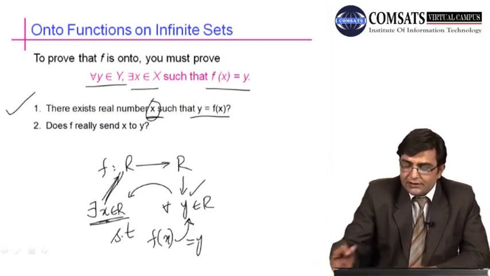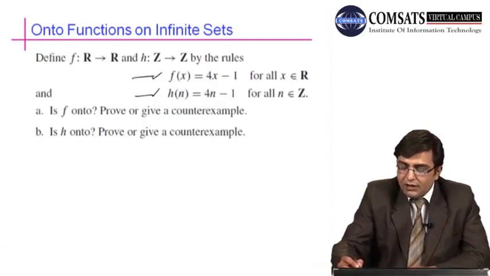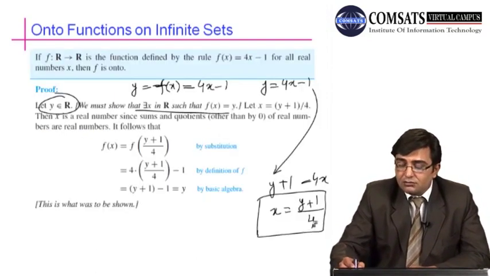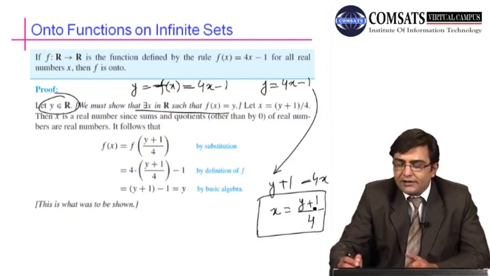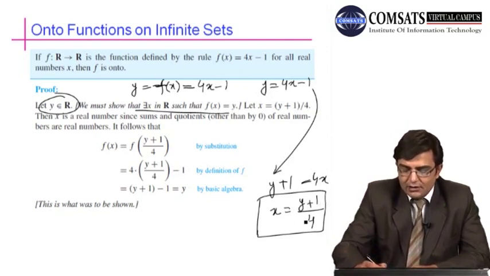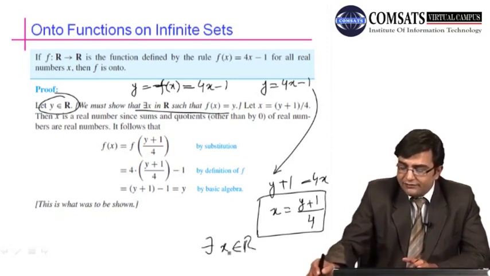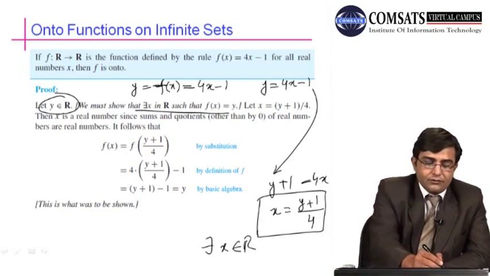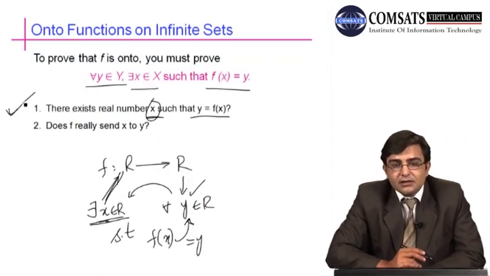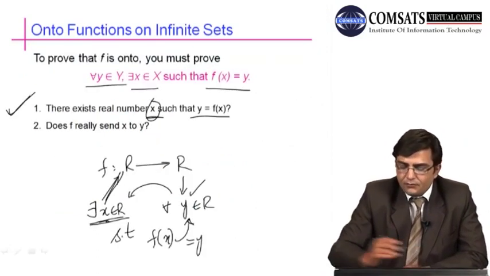So is y plus 1 divided by 4 real or not? Yes, of course, y is real, y plus 1 is real, y plus 1 divided by 4 is real. So x is real. So there exists x which is a real number. We have proved the first condition here.